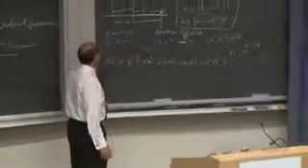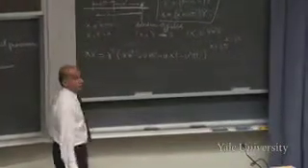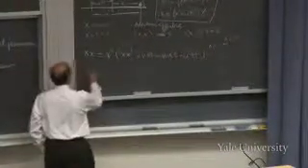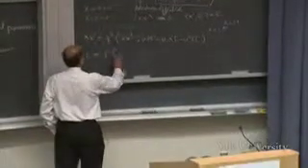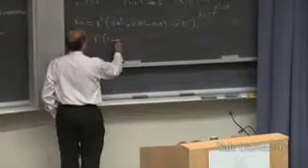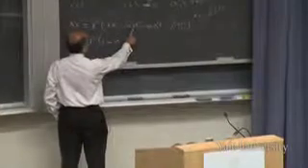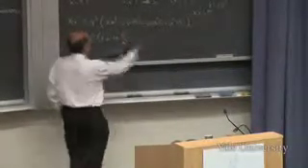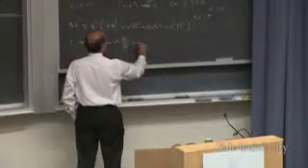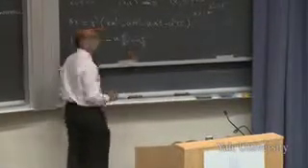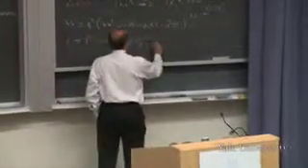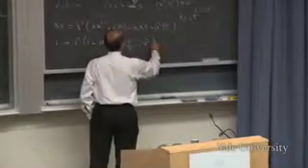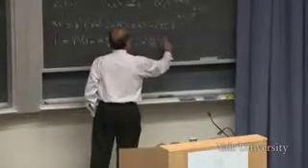Now divide everything by x prime x. Then you get 1 equals gamma squared times 1 plus u times t prime over x prime minus u times t over x, minus u squared times t over x times t prime over x prime.